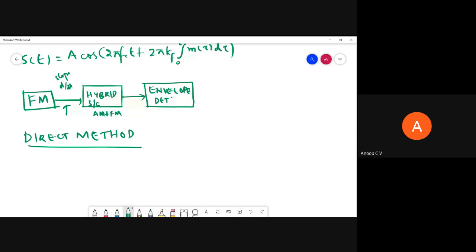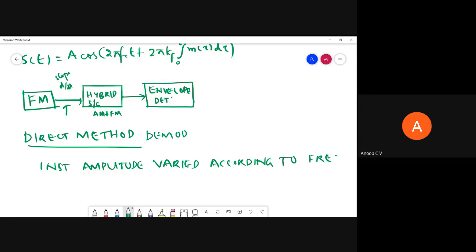So in the direct method of demodulation, what should happen is that the instantaneous amplitude of the system should be varied according to the instantaneous frequency.